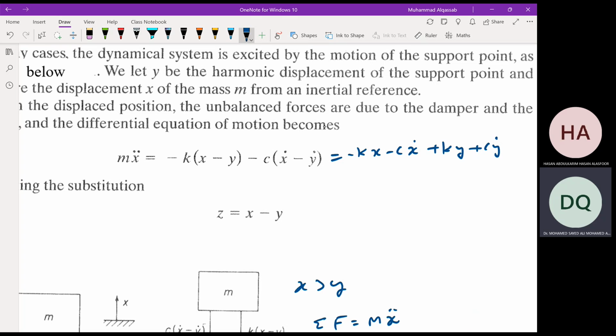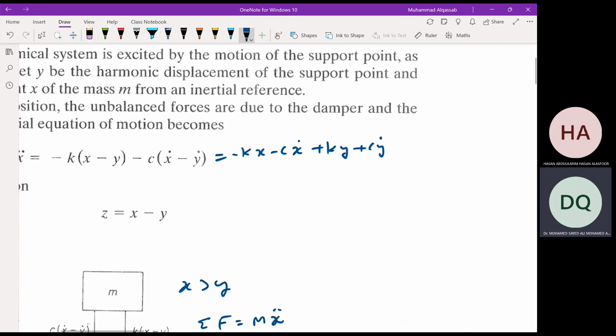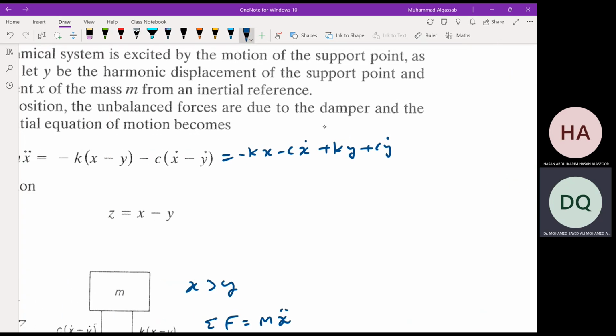When you put the terms that contain x and x dot on the other side, we get m x double dot plus c x dot plus kx equal to ky plus c y dot.